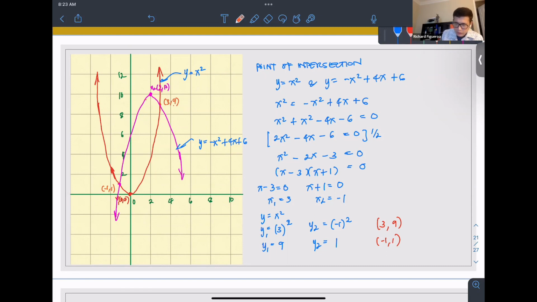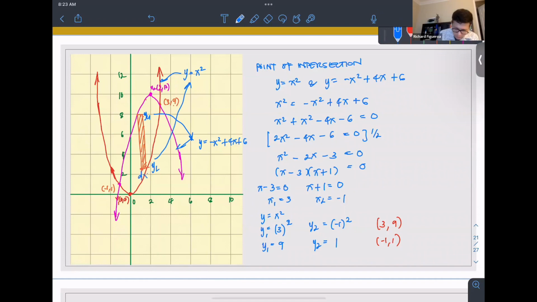But if I use a vertical strip, wherever you move the vertical strip, the upper portion always touches the pink curve. So our y upper will be this one. And our y lower will be this one.